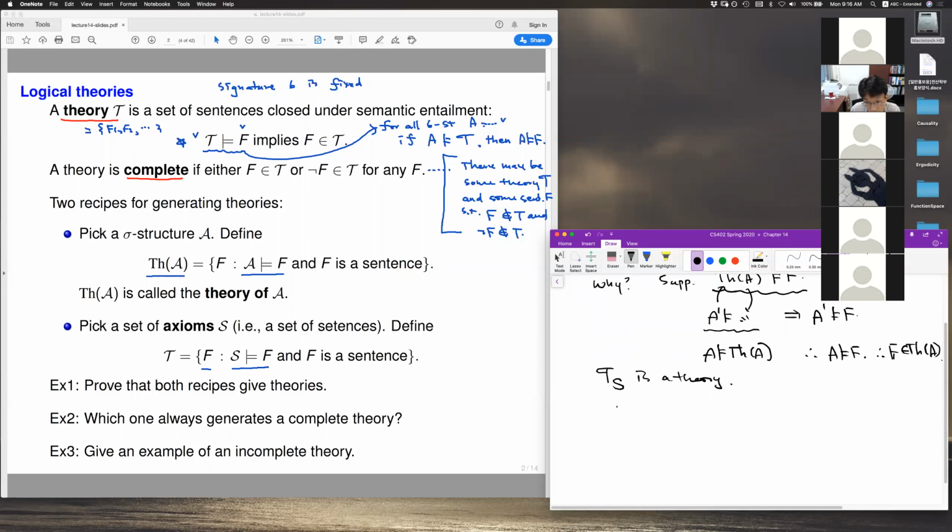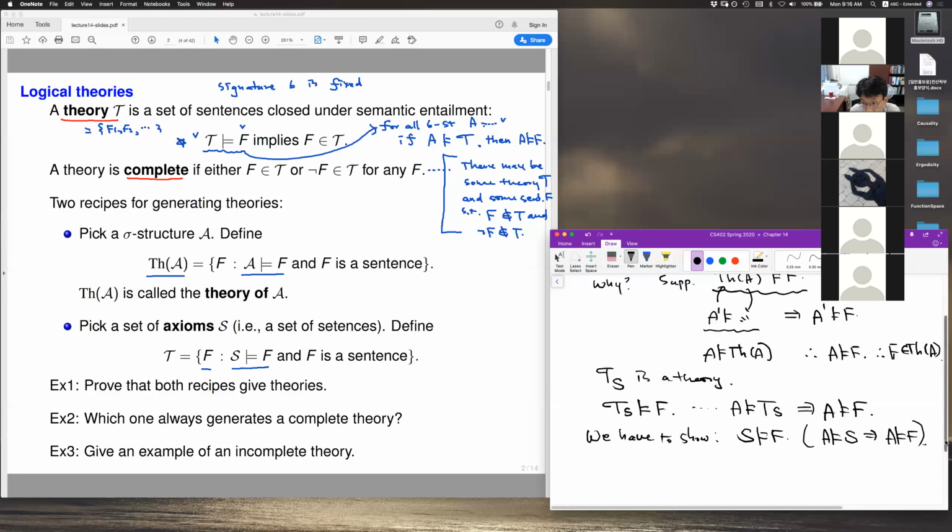If T of S entails F, then what this says is that for every structure, A satisfies T of S implies the same structure satisfies F. Now what we have to show is that for any A, A satisfies S implies the same A satisfies F. So this is what we have to prove.